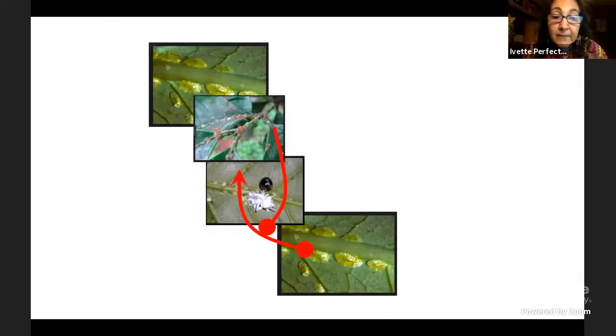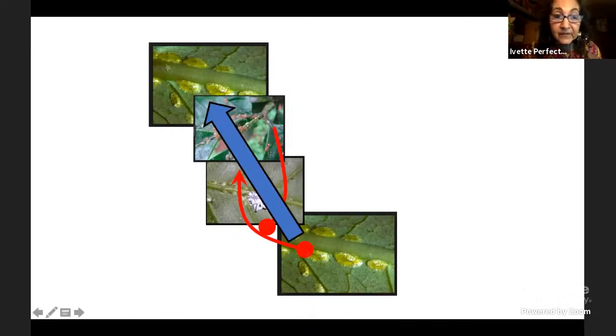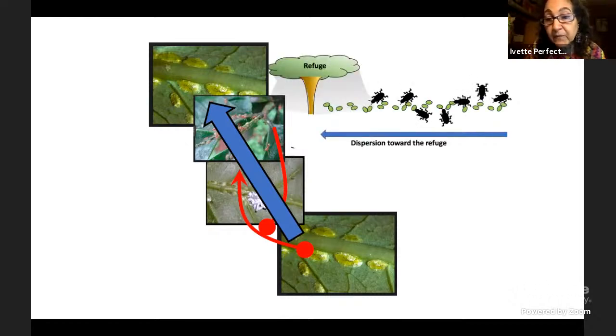When the scales are dispersing toward the refuge, from outside of a refuge where the ants are, you have very few scales, and it's not worth it for the ants to tend those scales unless they get very, very close to where the ant nest is located. And the scales have a hard time surviving attacks by natural enemies.